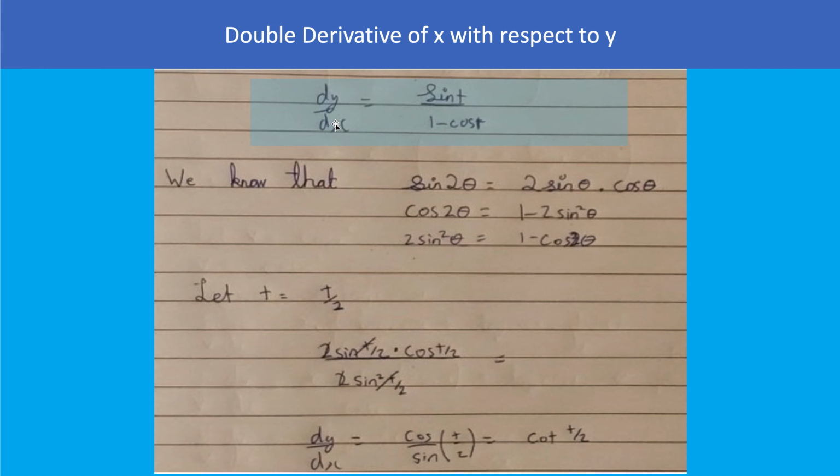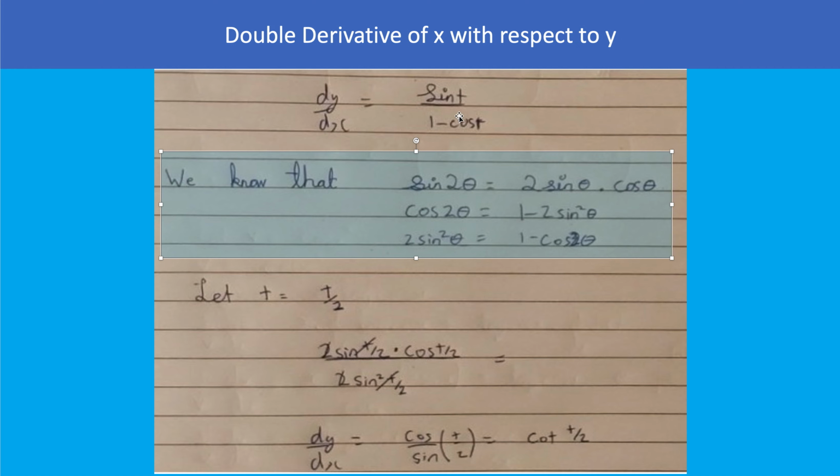Now we need to further do more. We need to do one more round of derivation over this solution. So for that we will use these formulas, right? Because to further simplify it in this way is not exactly feasible. So what we know is that sin 2 theta equals 2 sin theta into cos theta, right?